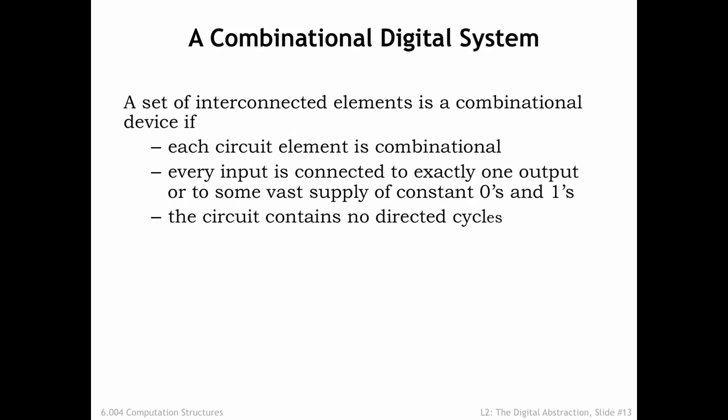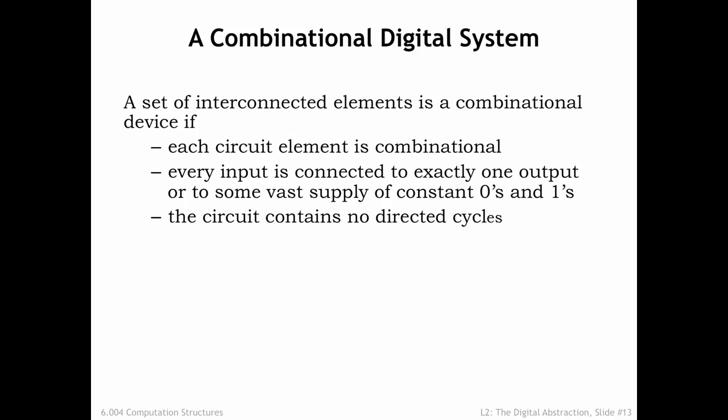Finally, the interconnected components cannot contain any directed cycles. In other words, paths through the system from its inputs to its outputs will only visit a particular component at most once. Our claim is that systems built using these composition rules will themselves be combinational devices.